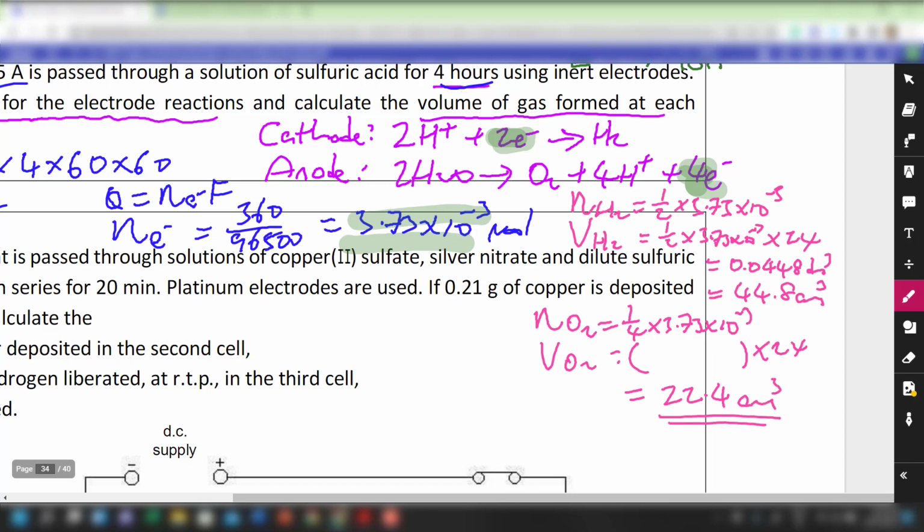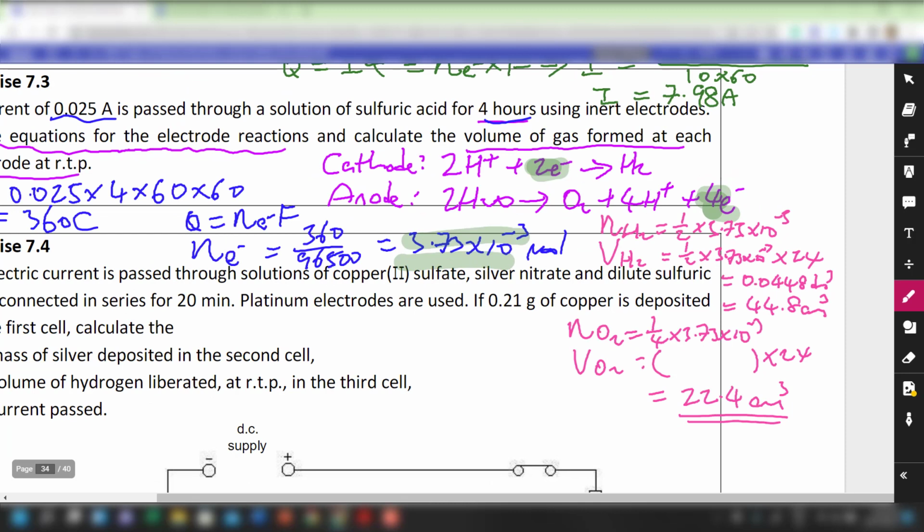I just convert it straight away so that you do not need to get 0.0224 dm3 and then convert to cubic centimeters, because I can just follow the ratio I have above. Remember that the volume of oxygen produced is always half that of the volume of hydrogen.